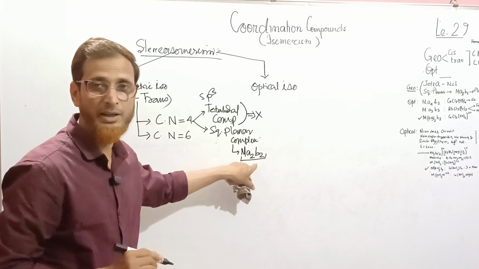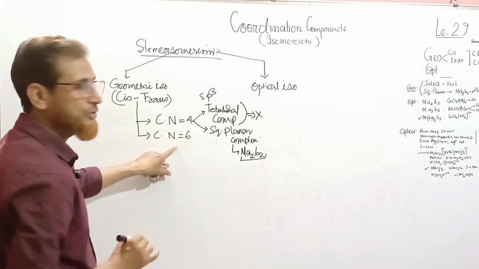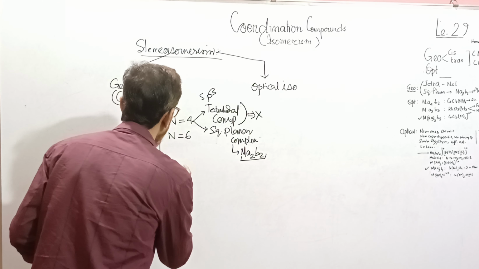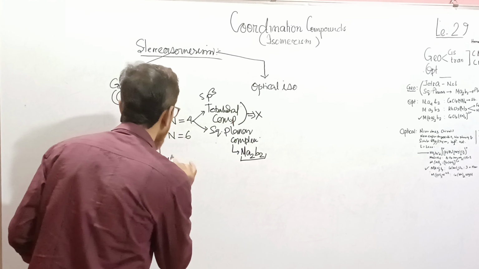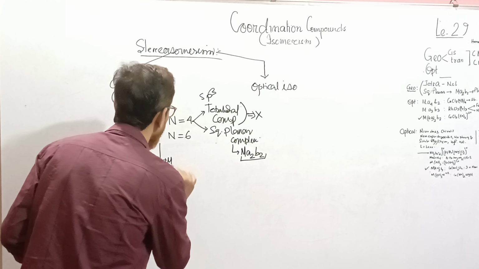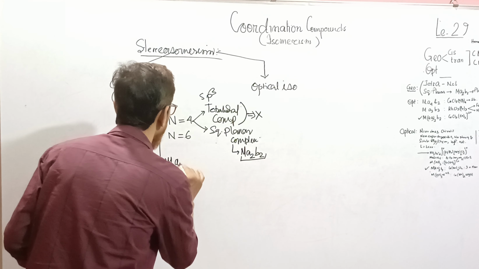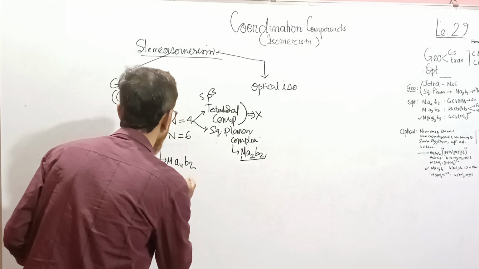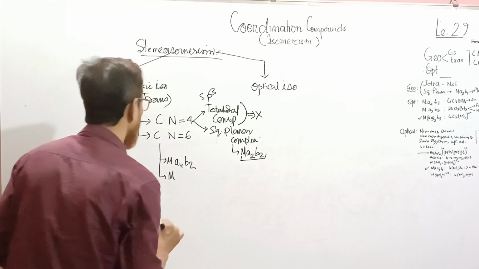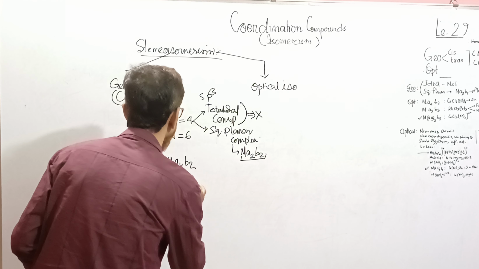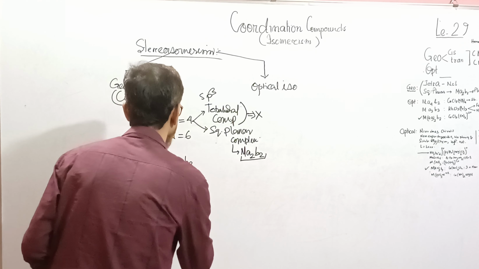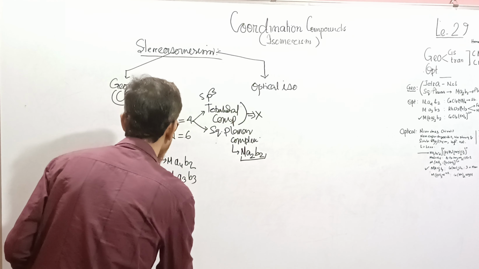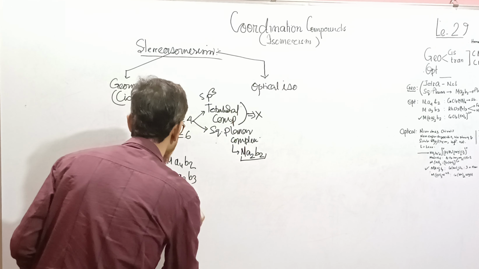And coordination number 6 means octahedral complex. It shows cis-trans isomerism: MA4B2 and MA3B3.